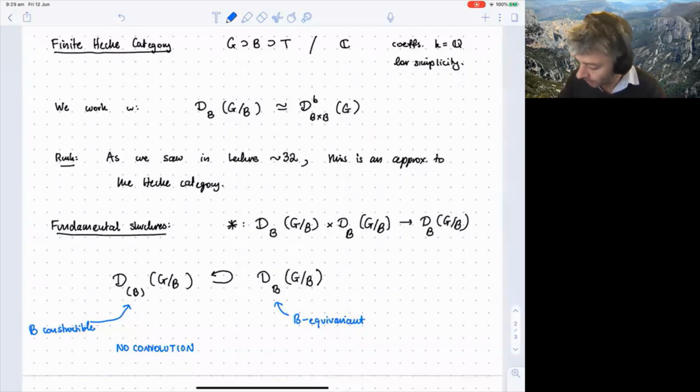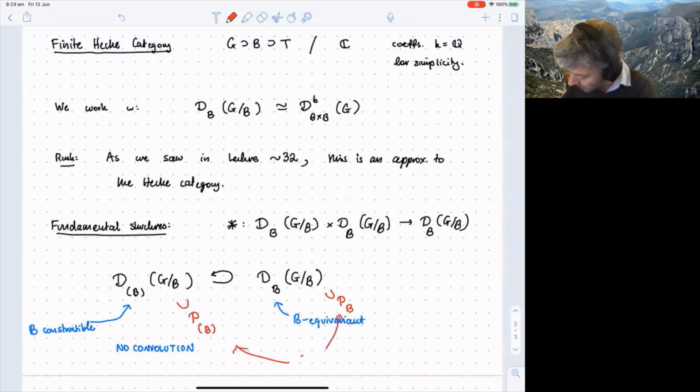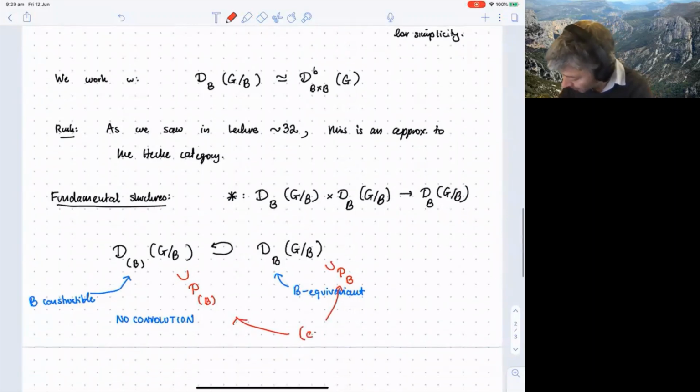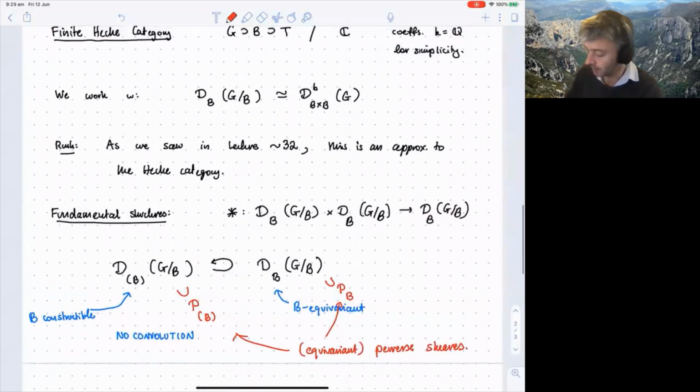And inside here we have P_B, and inside here we have P_B, and so these are equivariant perverse sheaves.